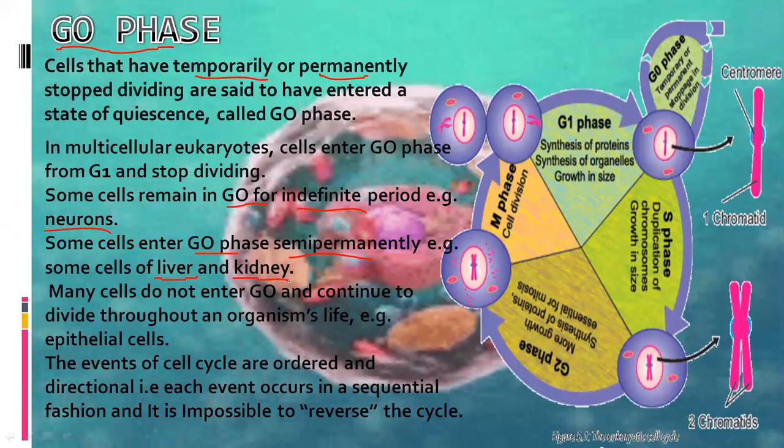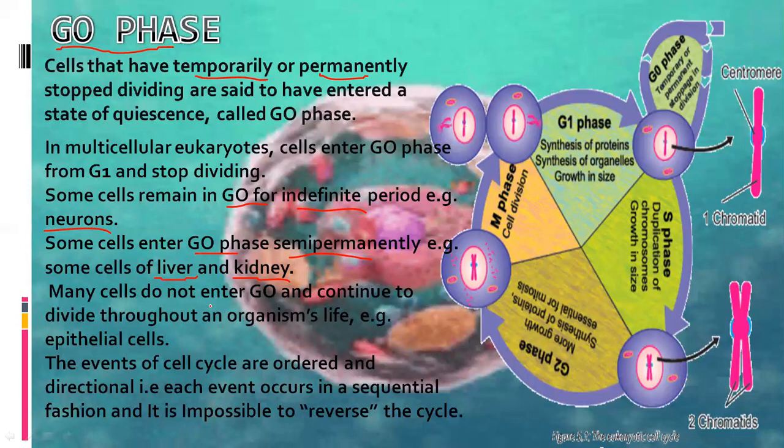If they could divide freely, why is there a need for kidney transplant and liver transplant? That's why they are in a semi-permanent phase, just slowly, after some period of time they just divide, and only some cells, not all.